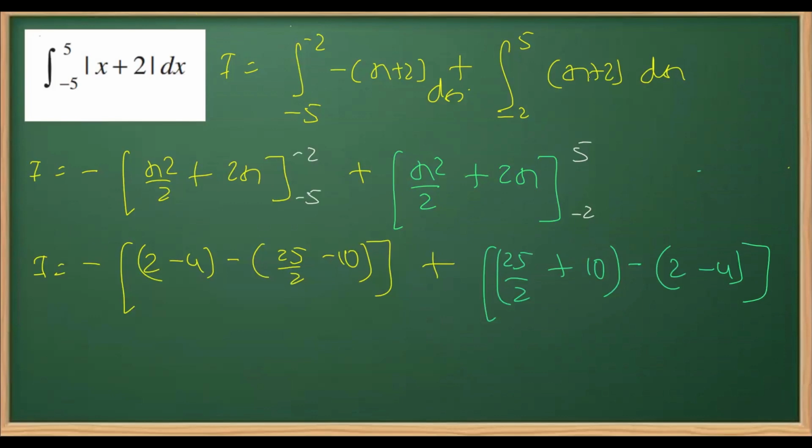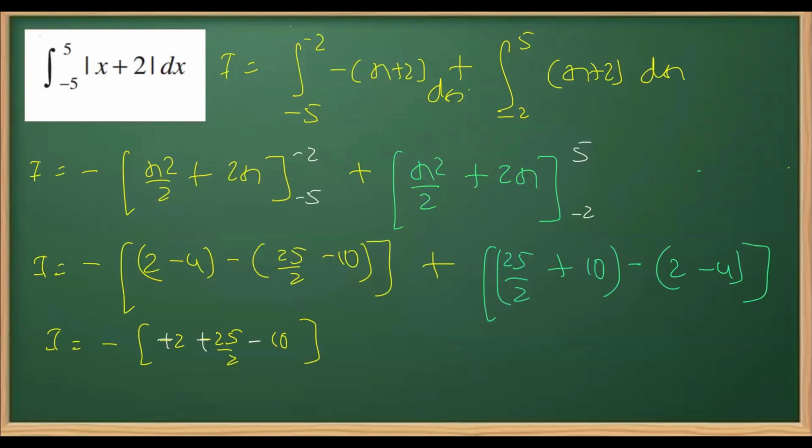Finally, I'm going to open these brackets, but we need to be careful because there are many brackets here. Let's do it in steps. So 2 minus 4 is minus 2. If I open the inside bracket, it is minus 25 over 2 and plus 10. Now if you open this bracket, the sign is going to be reversed, so this will become positive, this will become positive, and this will become negative.